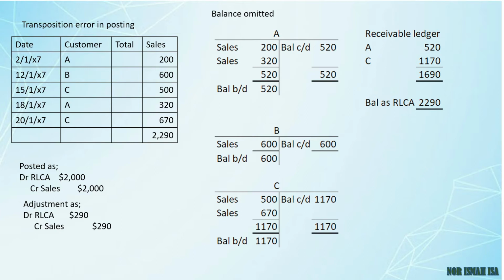The actual amount appearing in the receivable ledger control account is 2290, because everything that has been recorded in the sales day book has been correct and posted correctly.